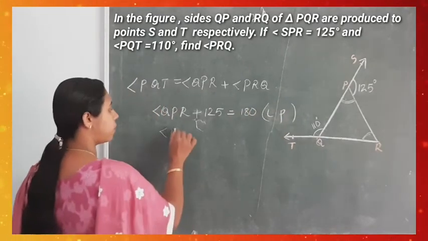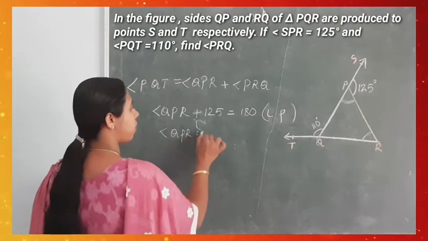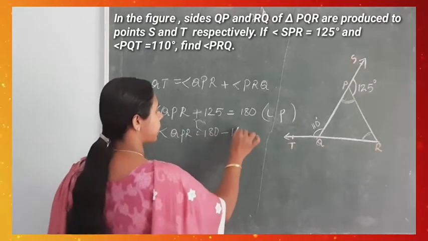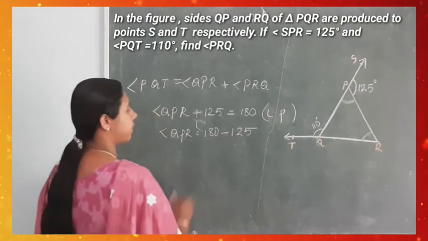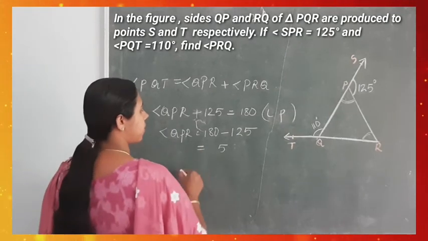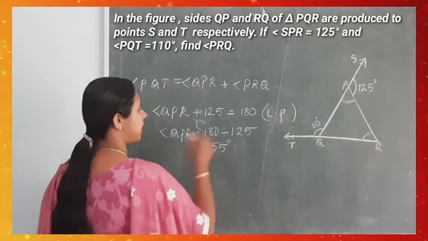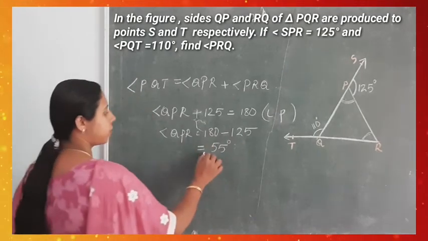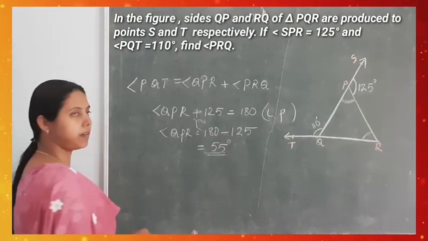Therefore, angle QPR is equal to 180 minus 125, which is equal to 55 degree. QPR equal to 55 degree.